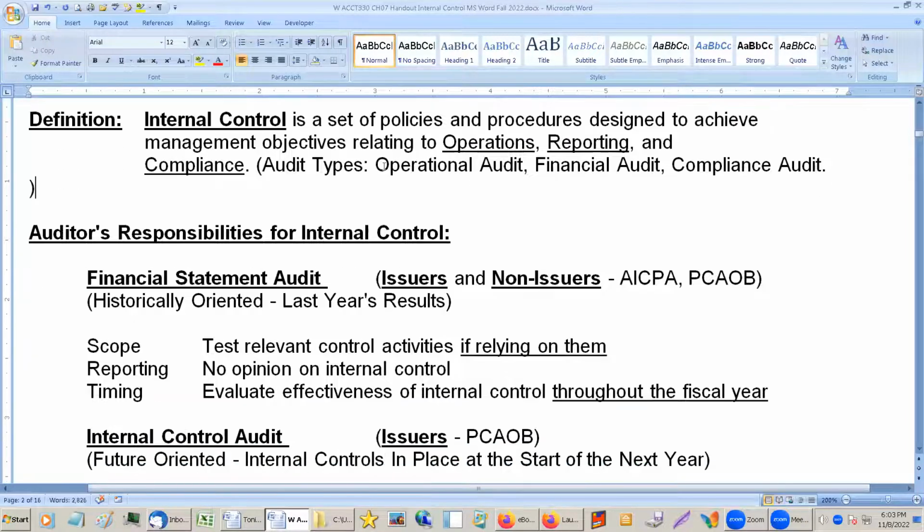So the objectives follow the three kinds of audits that we do. Financial audits are the one we concentrate on in this class, but there are other audits.